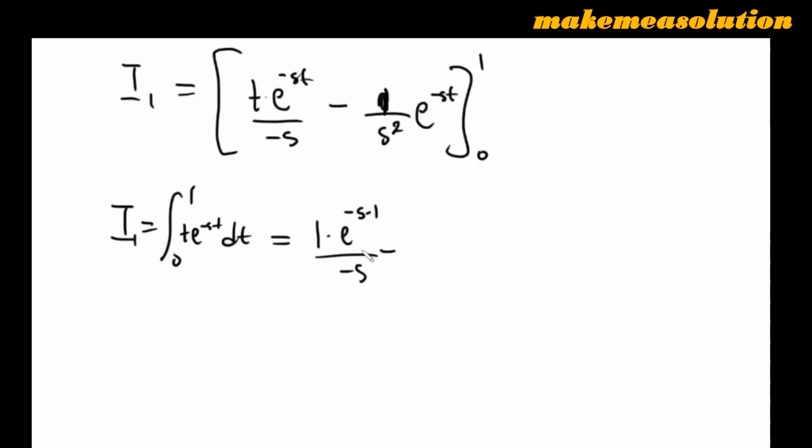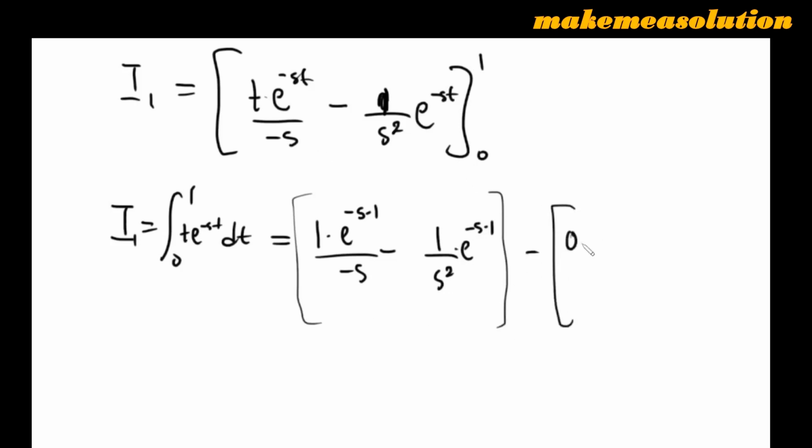So you have 1 over s squared dot exponential minus s dot 1. So anywhere you see t, you apply 1. After applying 1, you subtract. Then you now put 0: 0 dot exponential minus s dot 0 over minus s, then minus 1 over s squared exponential minus s dot 0.